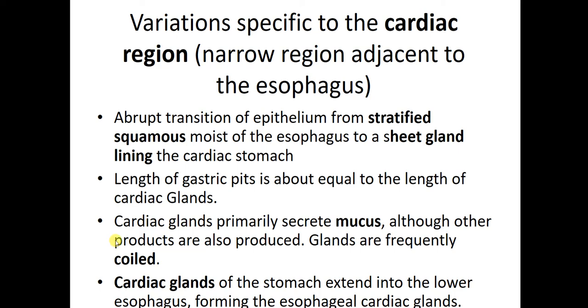Glands are frequently coiled. Cardiac glands primarily secrete mucus, of course to neutralize the acidic milieu in this area and prevent aggression to the esophagus. Cardiac glands of the stomach extend into the lower esophagus, forming the esophageal cardiac glands, as we discussed before.